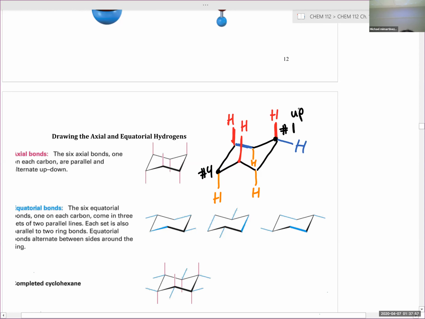I always like to start with my up hydrogen at carbon 1 for this chair conformation. So in general, you start at carbon 1. And we'll talk about how this works when we have our second chair conformation.